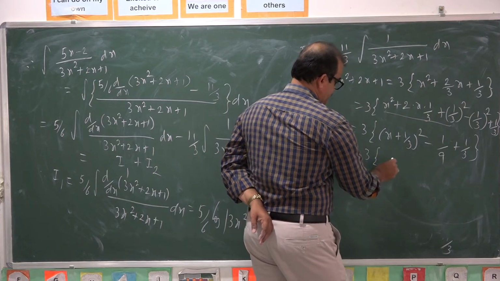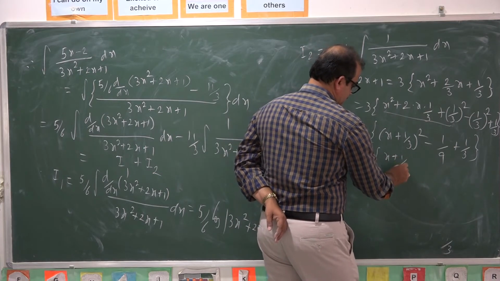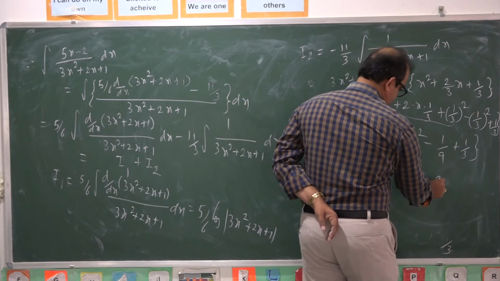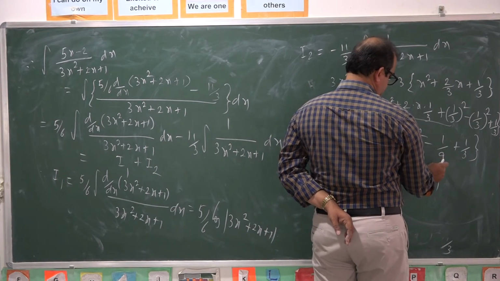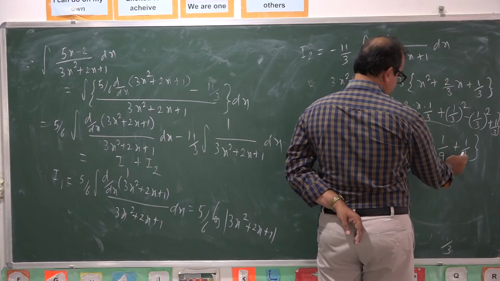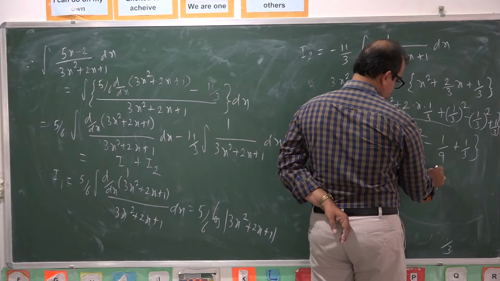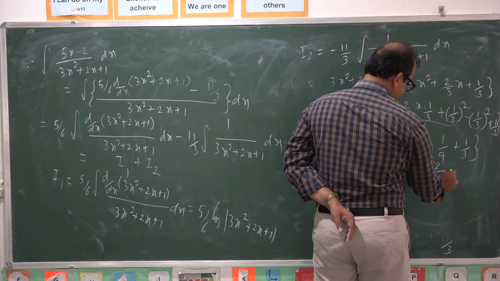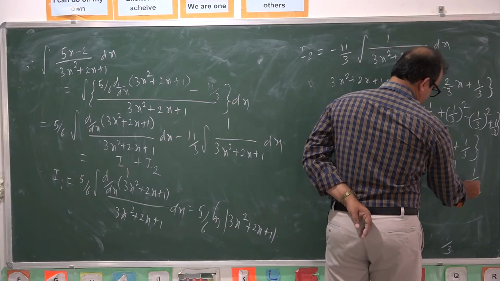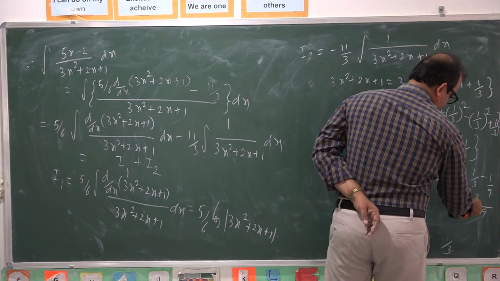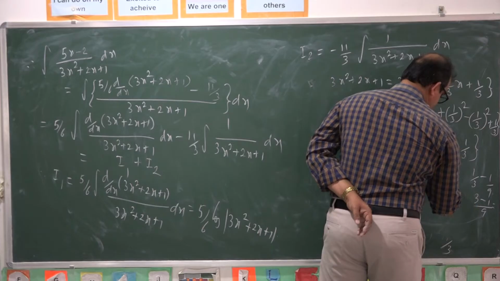3 into x plus 1 by 3 whole square. Take LCM. LCM is 9: minus 1 plus 3, plus 2 by 9. 1 by 3 minus 1 by 9, 9 is LCM, 3 minus 1, this is 2 by 9.